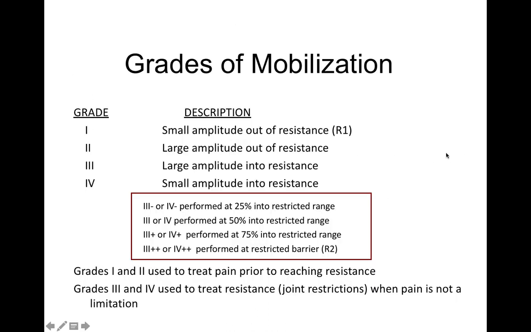So if we look at grades of mobilization, grades 1 and 2 are typically used to treat pain prior to reaching resistance. We describe resistance in two ways. R1 is our first perception of resistance, and R2 is going to be closer to the barrier and is our second perception of resistance. Grade 3s and 4s are going to be used to treat resistance or joint restriction when pain is not a factor.